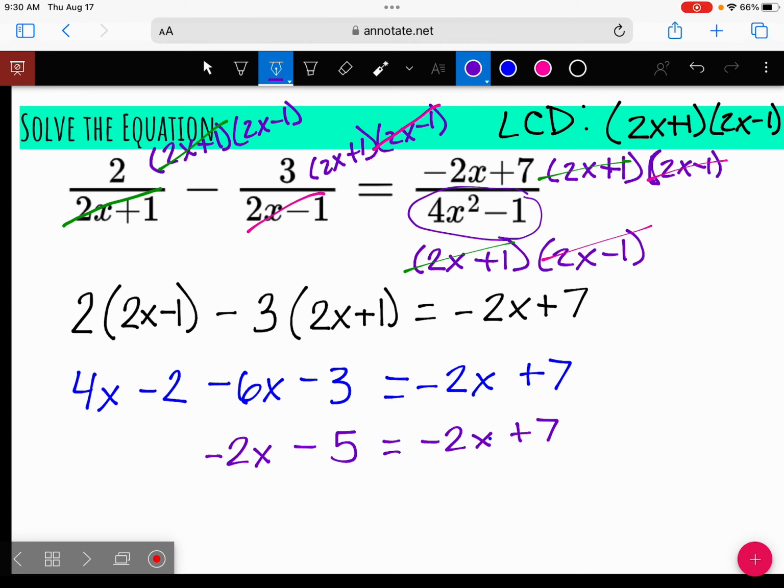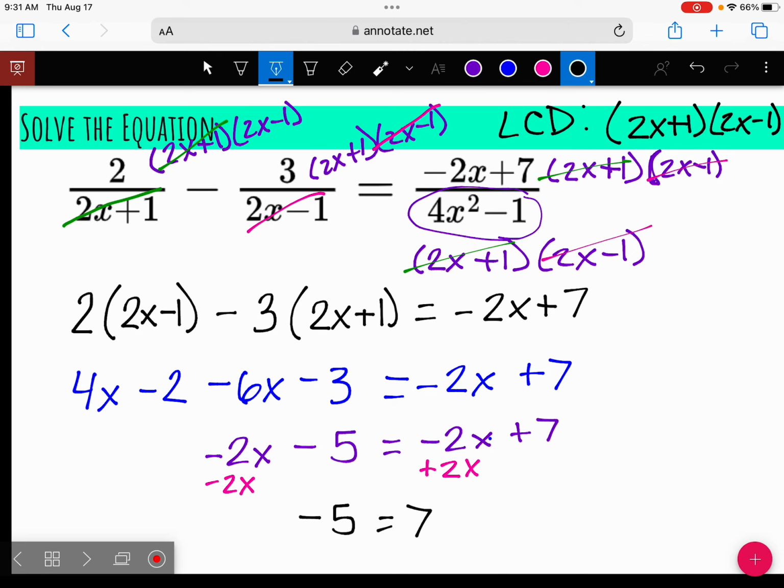And what do we need to do? Add 2x on both sides. When we do that, what's going to happen? They cancel out, and we're left with -5 equals 7. What does that mean? It's false. That's something that doesn't work. So what's our solution?